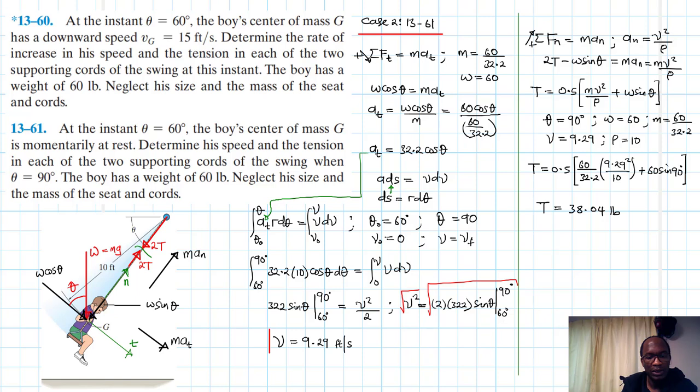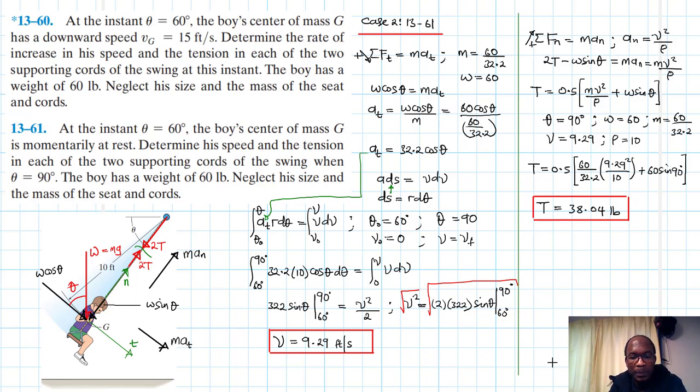We can outline the solutions. We have our speed. We also have the tension at theta equal to 90 degrees.